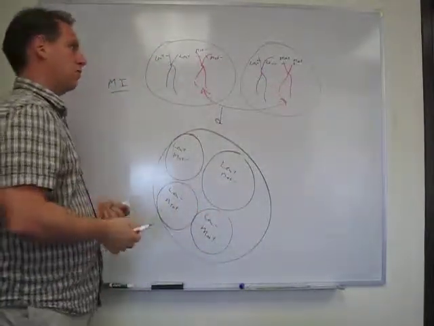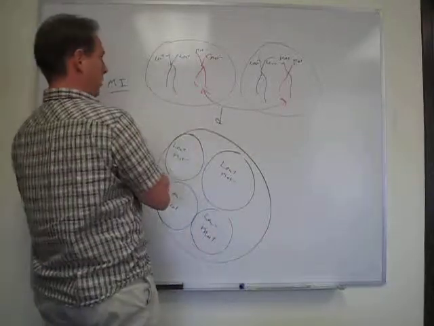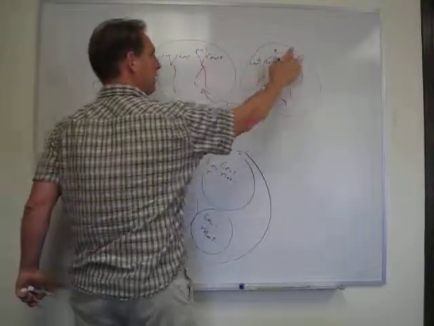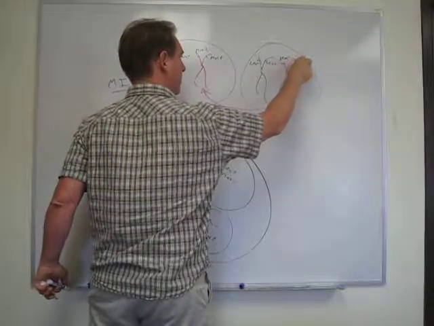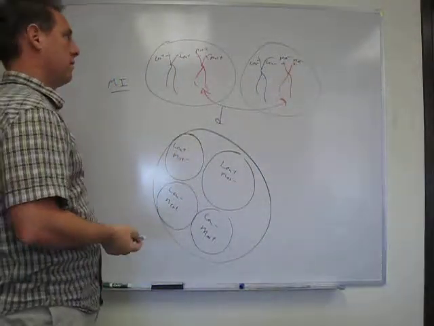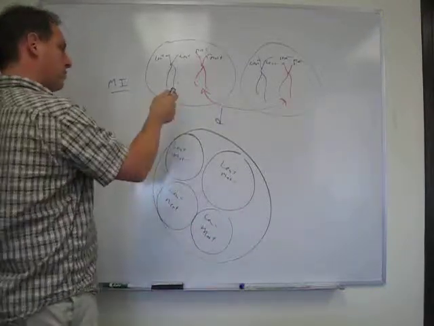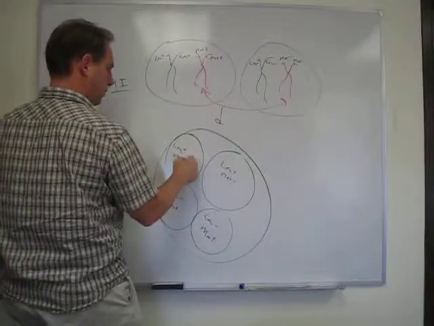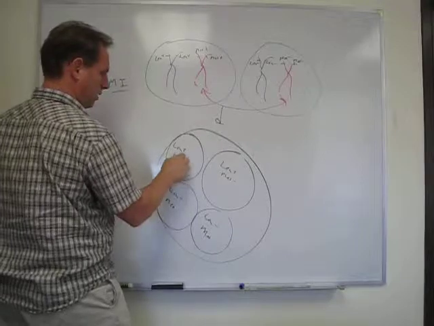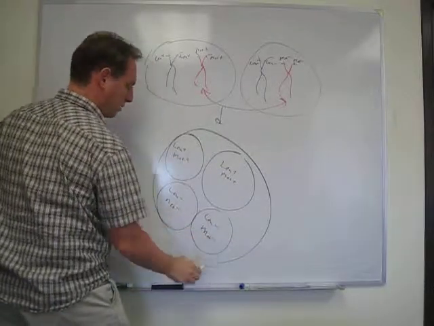So after meiosis 1, the other combination, with Met plus with the Lu plus and Met minus with the Lu minus, is just as likely, given the way the chromosomes line up in meiosis. So I'll change these: Lu plus Met plus, Lu plus Met plus, Lu minus Met minus, Lu minus Met minus.